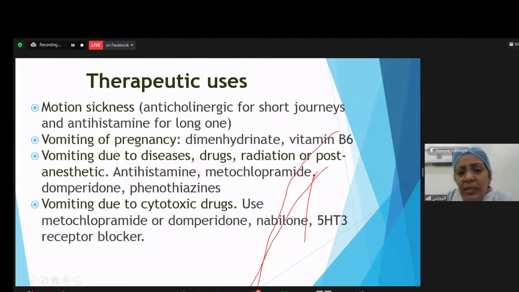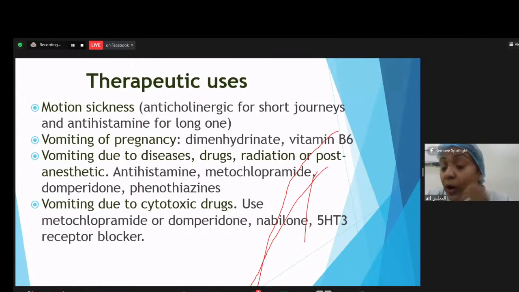We have vomiting due to diseases, due to drugs, due to radiation, post anesthesia. For all of these we can use antihistamines, cyclizines, metoclopramide, domperidone, phenothiazines, chlorpromazine, ondansetron, the 5-HT antagonists. All the drugs we mentioned before can be used for post-operative nausea and vomiting, and for chemotherapy and radiotherapy patients with safety, because you are just going to use them once or twice and that's it.